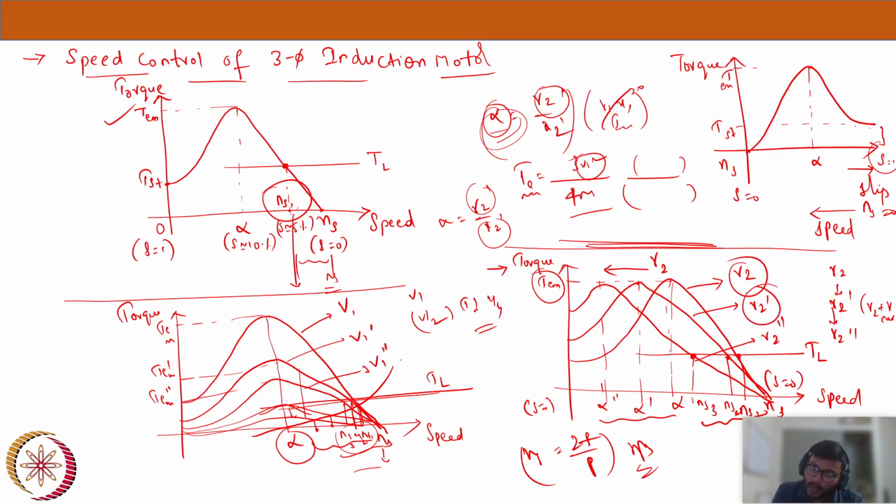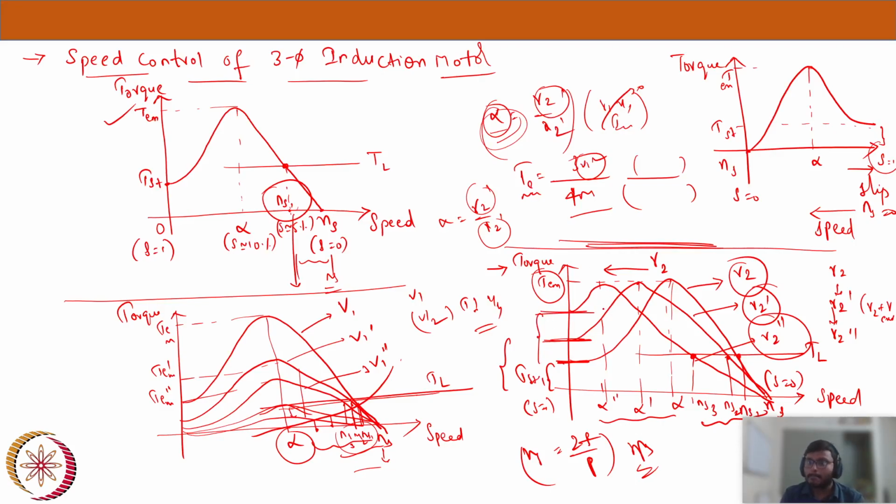Now I keep on adding external resistors to the circuit. Every time I add, my starting torque is improving. This is starting torque at initial stage, TST1. Now when I increase the resistance, this is my new starting torque. Now this is my third new starting torque.